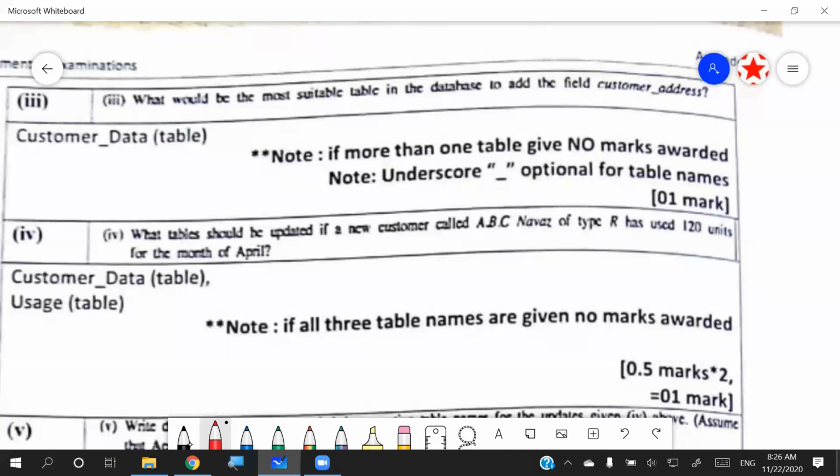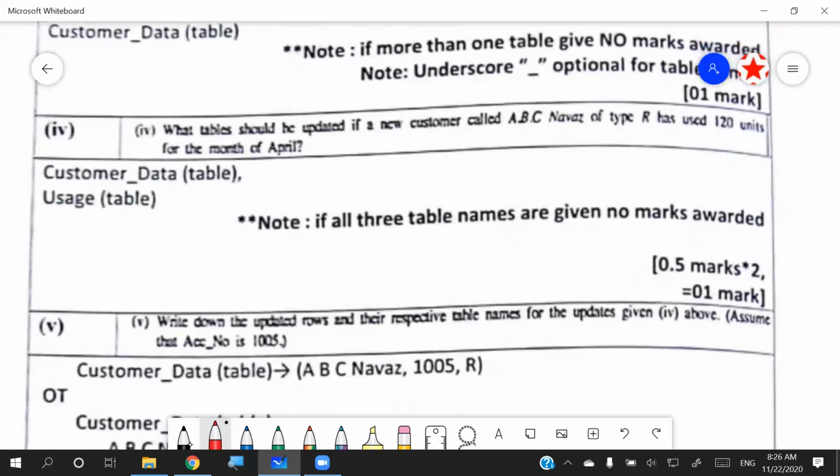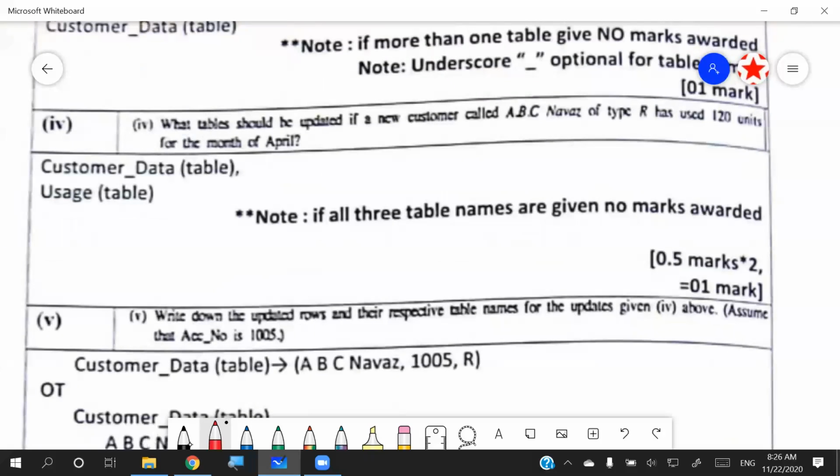And hold on, no. The 120 usage is going to be on the usage table, right? So customer table will be added with the details of the new customer, and usage table will be added with the number of units that he has consumed, and what are the other two?